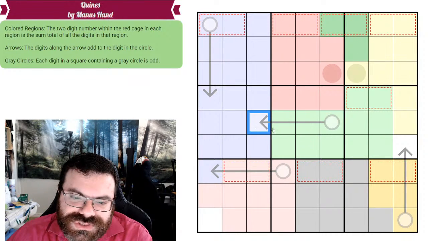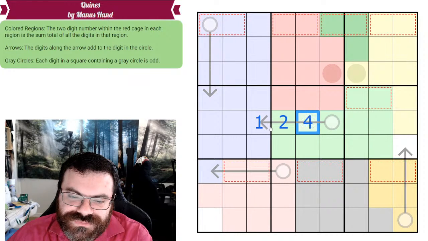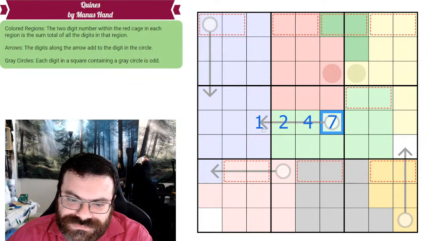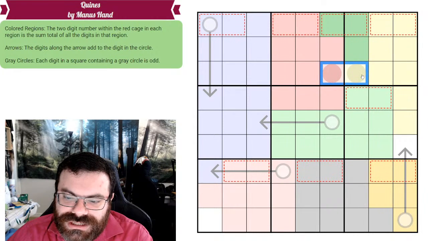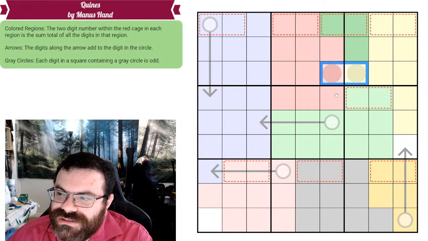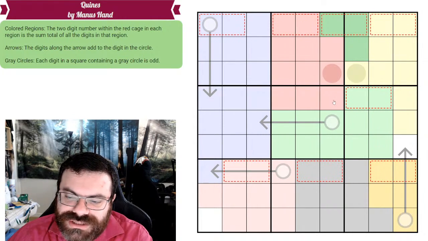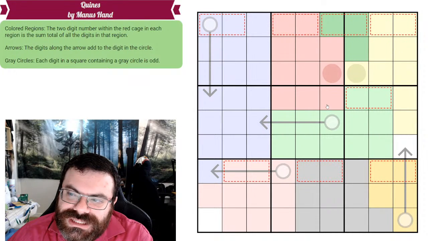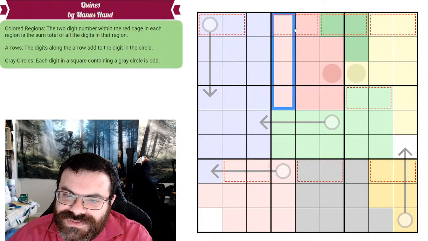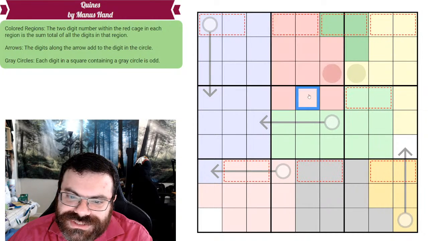These are standard arrows, so the 3 digits along an arrow sum to the value in the circle. So if this was 1, 2, and 4, that sums to 7. So that's how that would be filled. And there's a couple gray circles in the grid. Those mean that the digit is odd. Yeah, digits can repeat in regions. Otherwise, this would not be possible, because it has more than 9 digits in it.